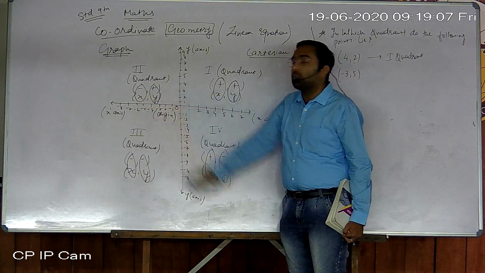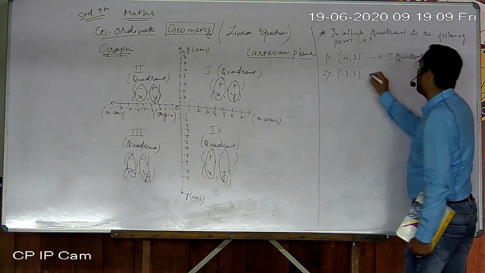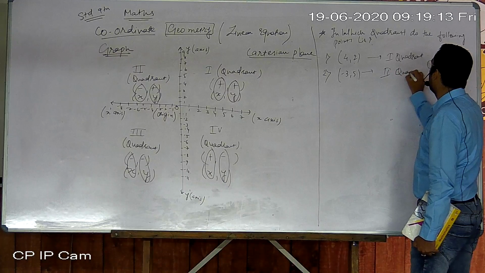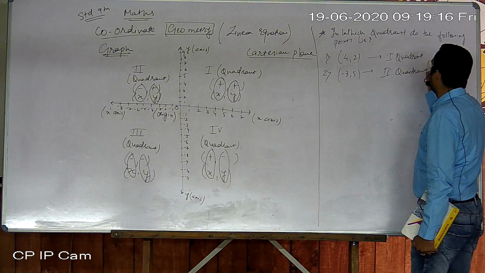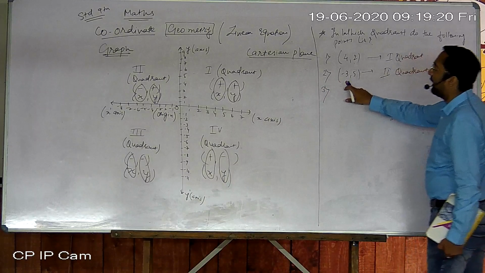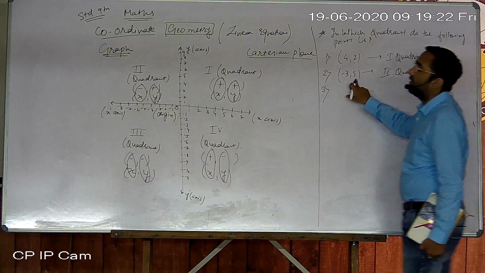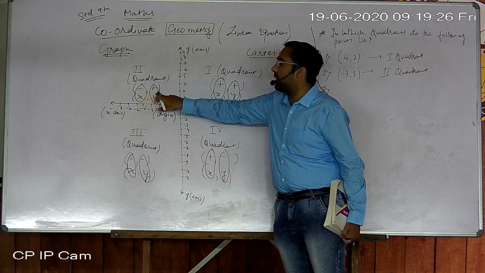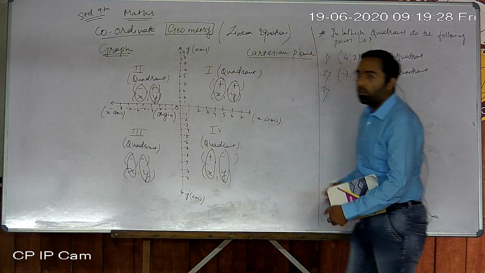That's why it lies in the second quadrant. My value of x is negative and the value of y is positive, therefore they lie in the second quadrant.